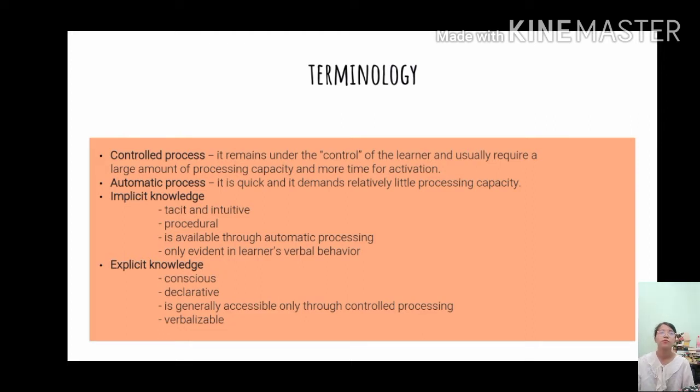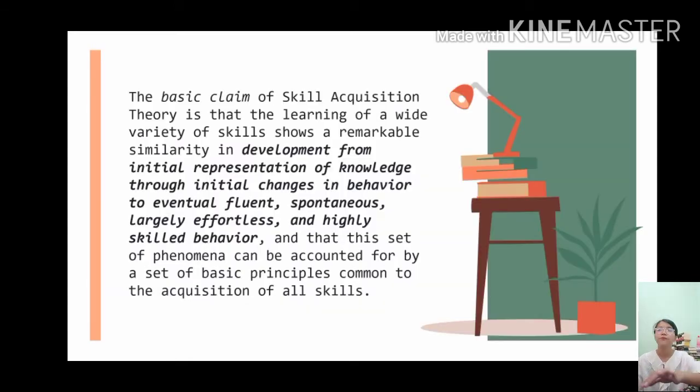So let's go back to the basic claim of skill acquisition theory. It has been said that skill acquisition is a form of learning where skill behaviors can become routinized and even automatic under some conditions.